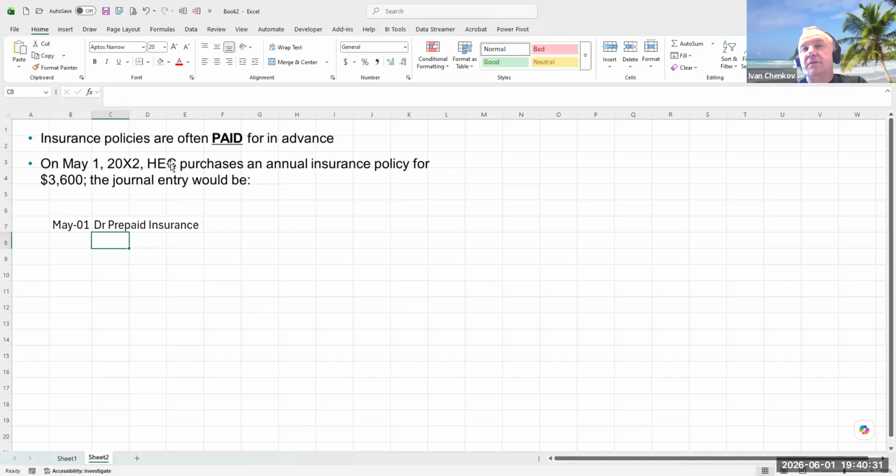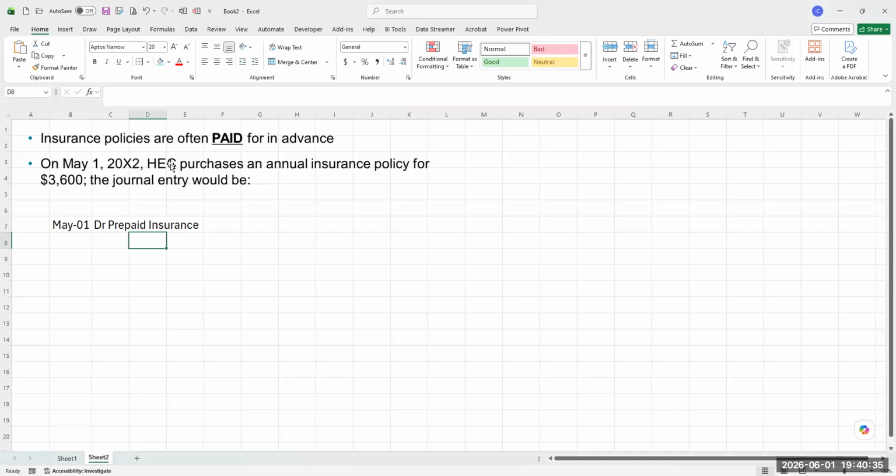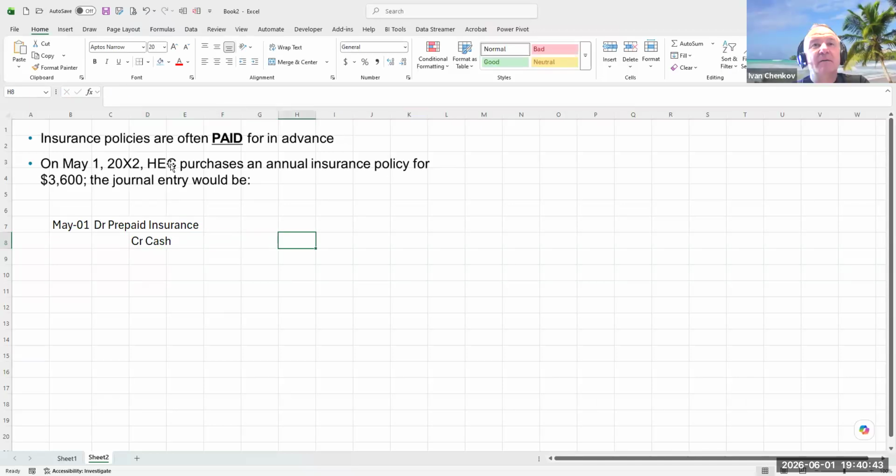Did we receive the insurance? No, not yet. But we pay cash, so the credit will be cash. And how much cash are we going to pay? 3,600. So 3,600 is going to be our prepaid insurance, and we're going to pay exactly the same amount in cash. So debit equals credit, we are perfect.